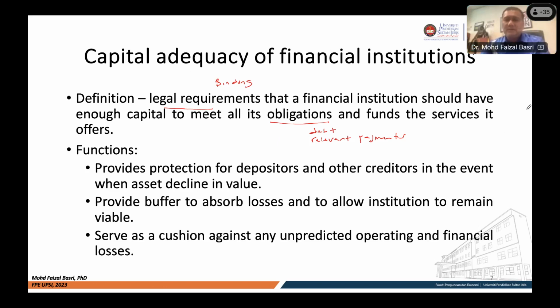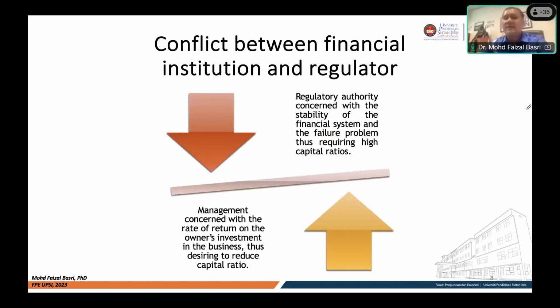So this is where there's a conflict between the institutions, the regulator Bank Negara Malaysia and the bank. From the bank's perspective, when we talk about funds, as I mentioned earlier, they try, if possible, to loan out their money to the customers as much as possible, because lending activities contribute the highest profits to the bank.